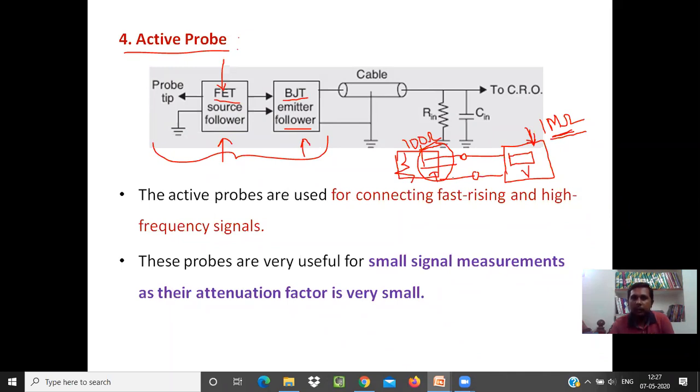This type of problem we already discussed in the first unit itself; it is called the loading effect. There we saw some problems on how to understand it. After this class, you can refer to your notebook and see the loading effect, and then you will get clarity on high input impedance and low output impedance.